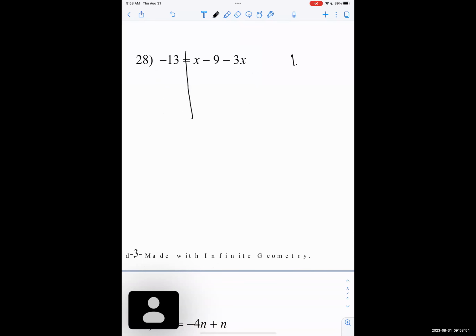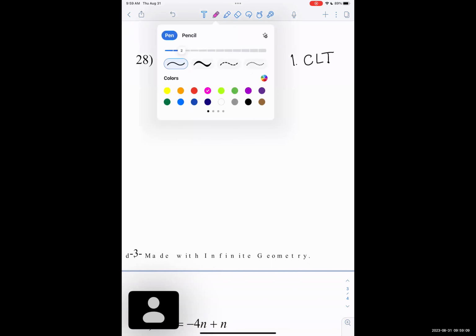Step 1, combine like terms. Okay, we see we have x's.